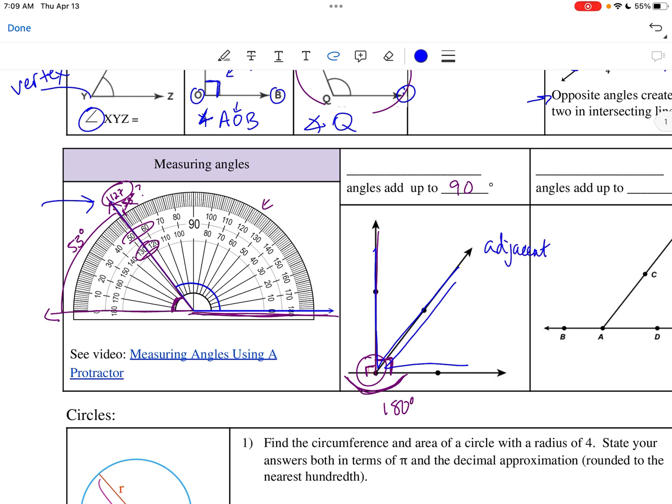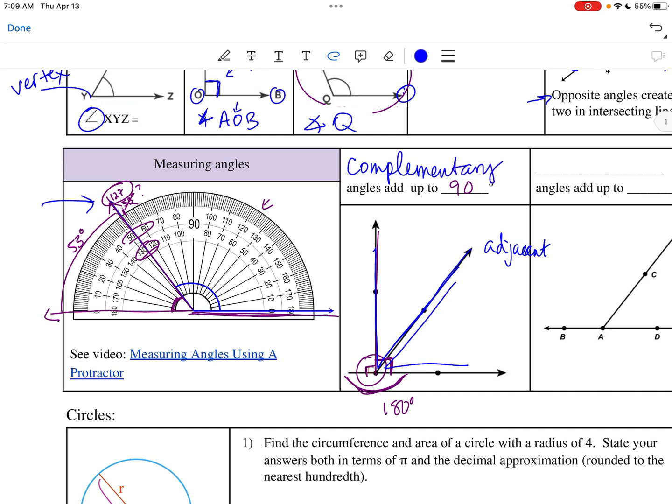Adjacent angles share a side. These two angles share a vertex and they share a side, so they're adjacent. And we know they add up to 90 degrees, and they have a name called complementary. Complementary angles add up to 90 degrees.